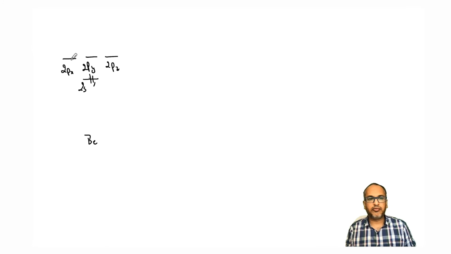So let us see the case of BeH2. We have already developed the MO diagram. Let us see how they are arranged in a MO diagram now. So for beryllium, we have 2s, which is filled, and then we have 2px, 2py, 2pz, where 2px and 2py are of different symmetry than 2pz, right?